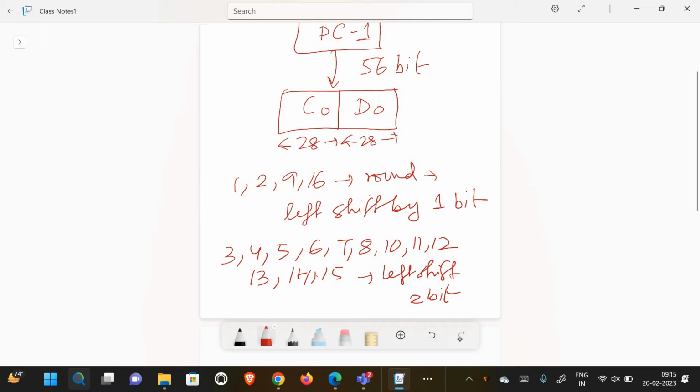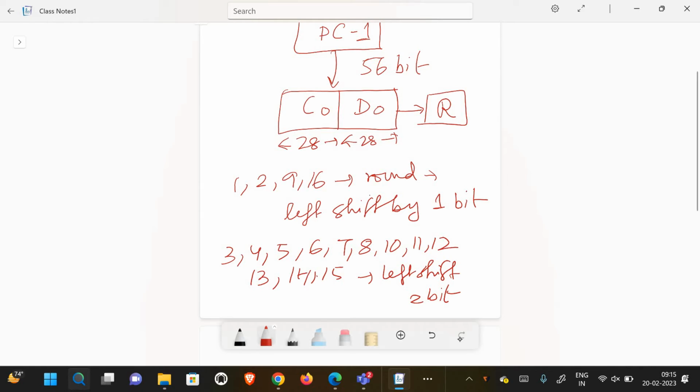The 56-bit still remains as it is, because it will still undergo another permutation process, which will be called PC2. So PC1 is over here, we got a 56-bit. After this, there will be this randomizer, which is based on the rule that I mentioned.